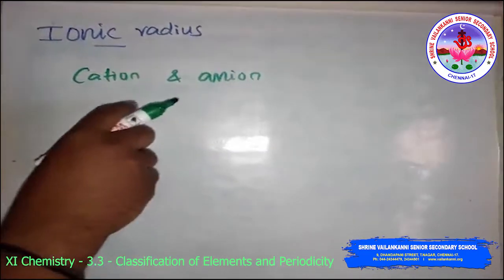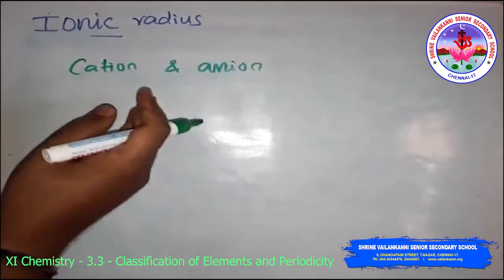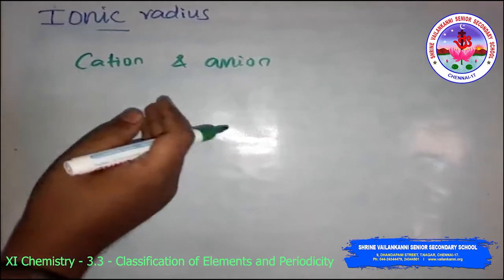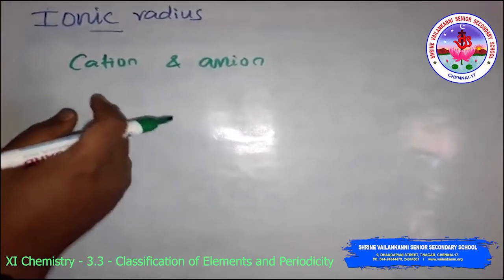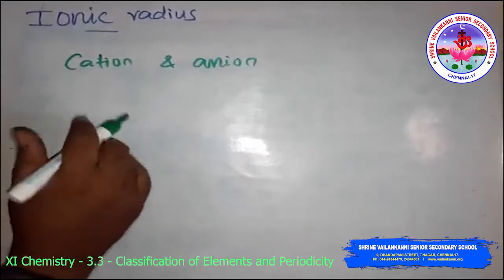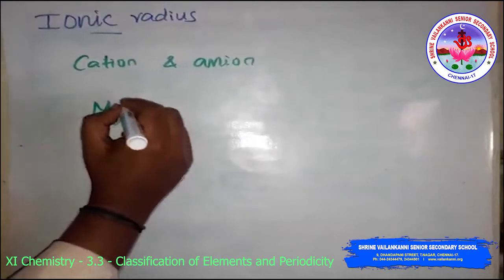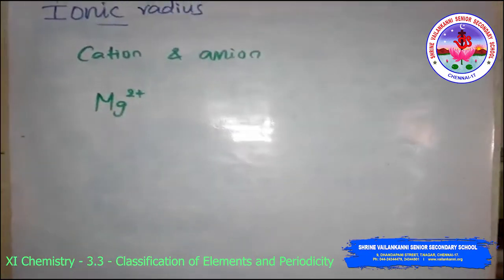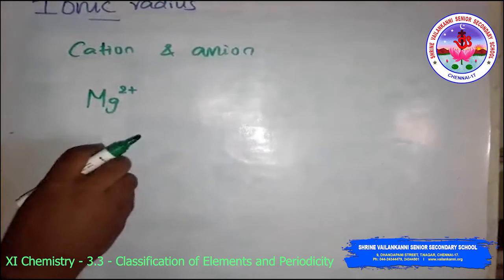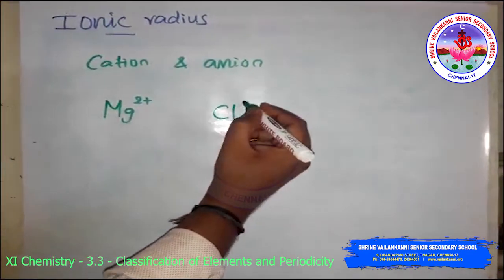In general, the ionic radii of elements exhibit the same trend as the atomic radii. A cation is smaller than the parent atom because it has fewer electrons, while its nuclear charge remains the same. For example, magnesium has a positive charge, so Mg2+ is a cation.